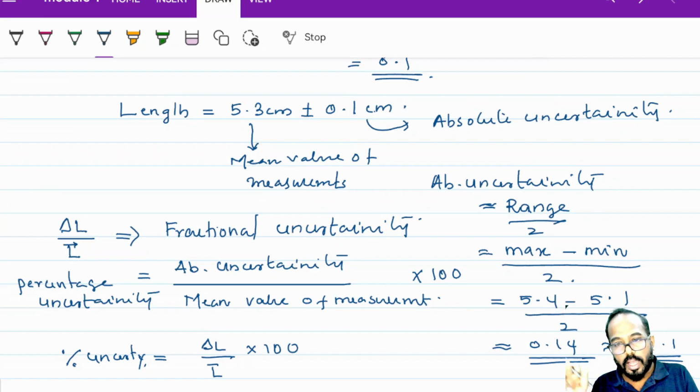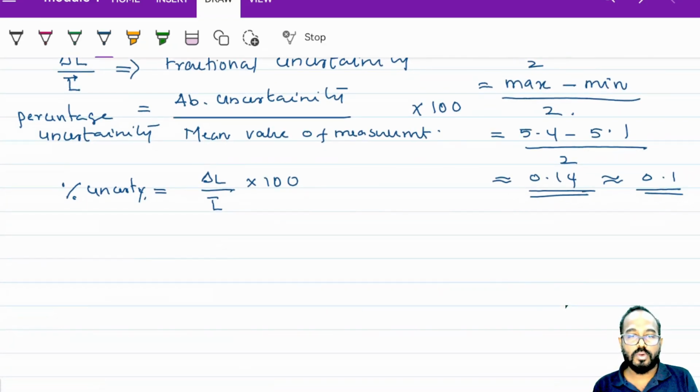If you multiply by 100, you get the percentage uncertainty. Like 20 by 100 into 100, 20% of mark you lost. You scored 80%, 20% loss. Similarly, percentage uncertainty is the absolute uncertainty divided by the mean value multiplied by 100. I hope this is clear to you now.